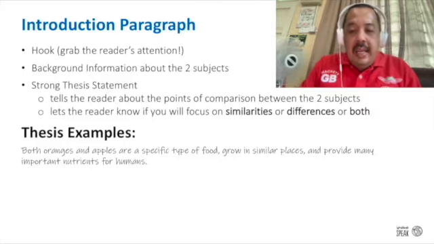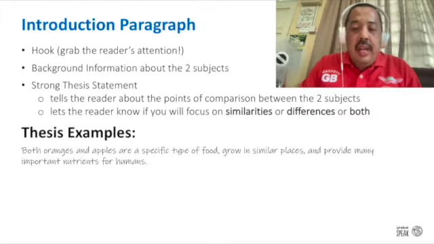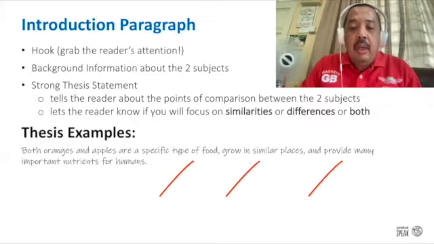So let's say we are going to talk about similarities. You can see the thesis sentence for that. It says both oranges and apples are a specific type of food grown in similar places and provide many important nutrients for humans. I've mentioned 3 points of comparison.